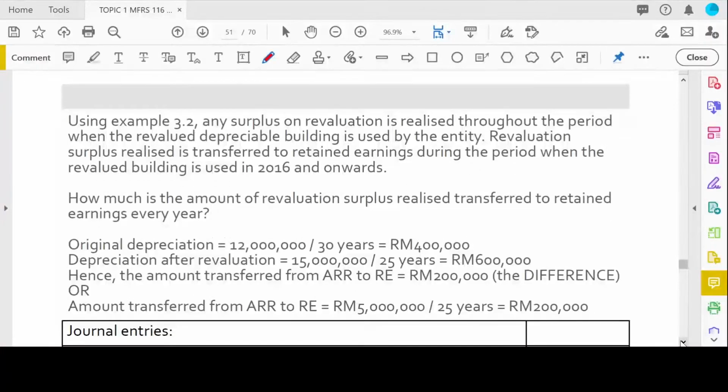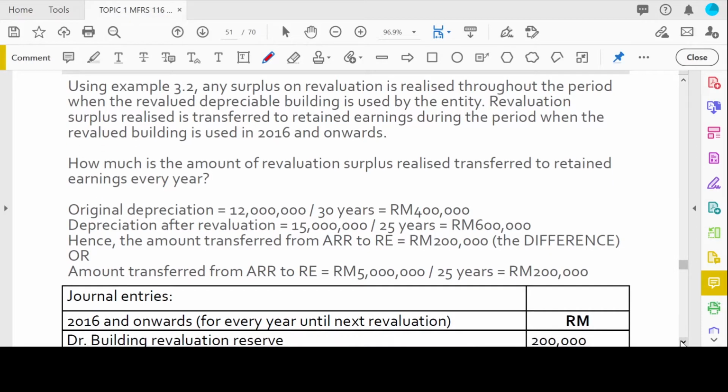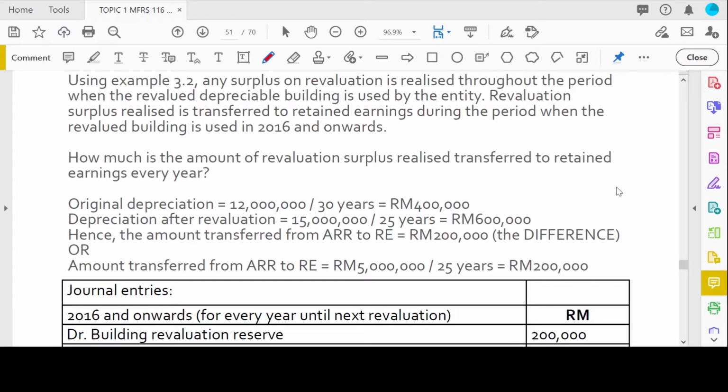So let's look at one example here. In the previous example, 3.2, we discussed the revaluation of a building, made in year 2016.